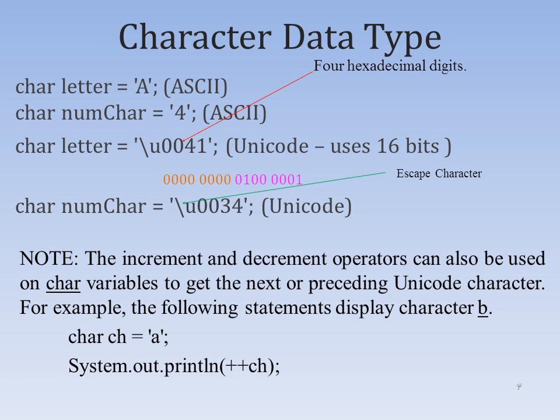Also, we see that the A and the 4 come from something called ASCII, which is the specified character set that represents the letter A. ASCII stands for the American Standard Code for Information Interchange.